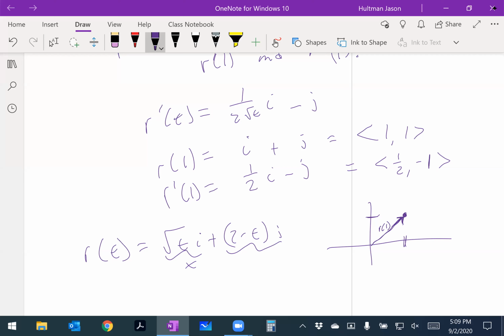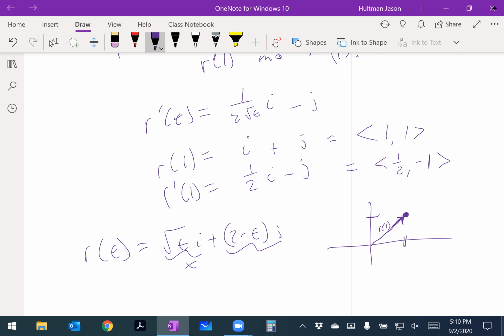Okay, when t is 1, I'm at 1, 1. Make sense? Okay, what about r prime of 1, which is 1/2, negative 1? Well, that exists when t is equal to 1, right?